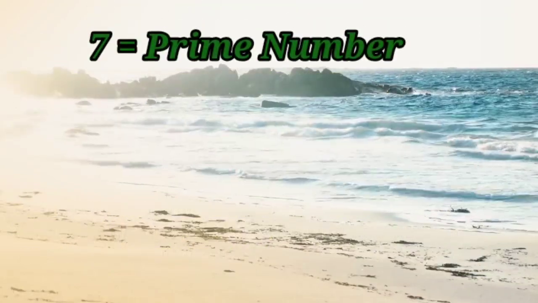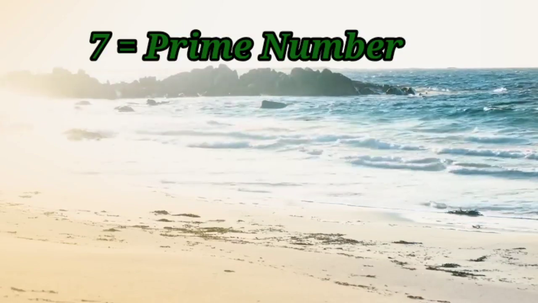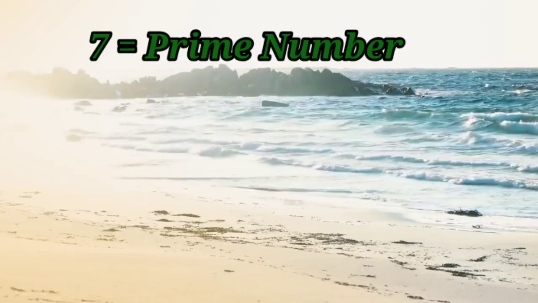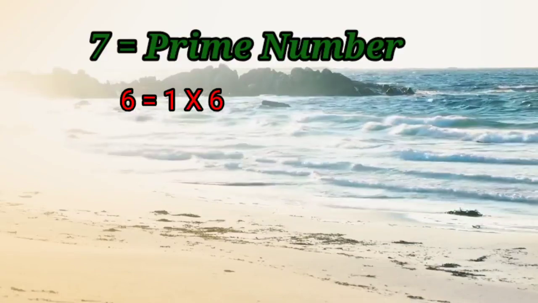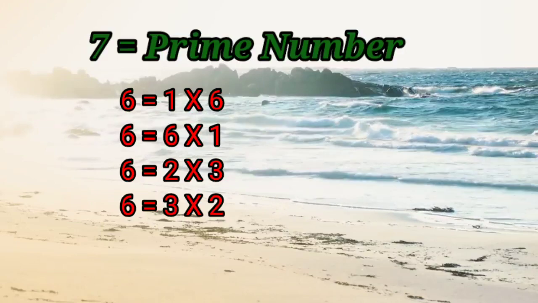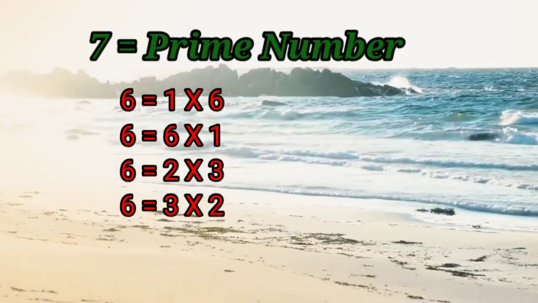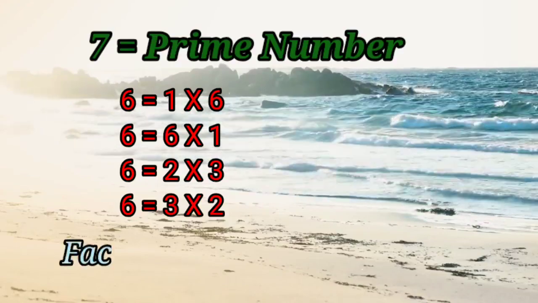Note that in the example that we solved earlier, 6 could be written as a product in these 4 ways: 1 into 6, or 6 into 1, or 2 into 3, or 3 into 2. And so the factors of 6 that we got are 1, 2, 3 and 6.